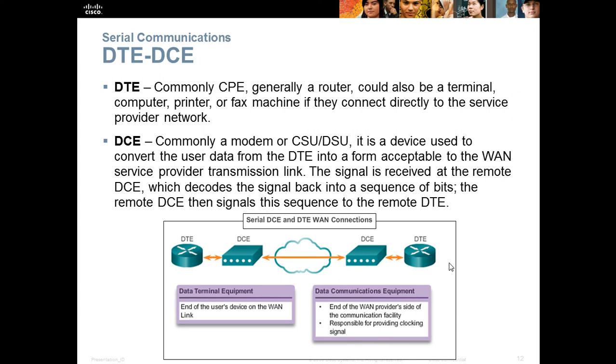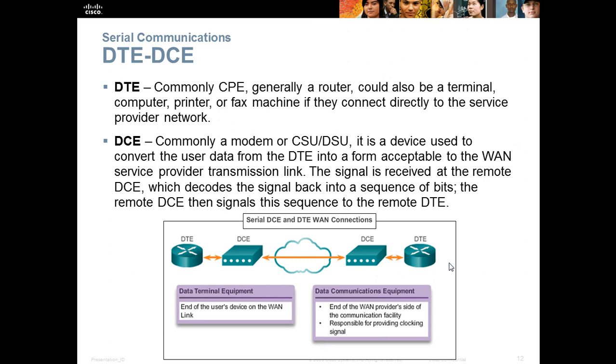DTE and DCE. DTE, which is commonly known as customer premises equipment, is generally a router. It could also be a terminal, computer, printer, or fax machine if they connect directly to the service provider network. DCE is commonly a modem or a CSU/DSU, channel service unit/data service unit.